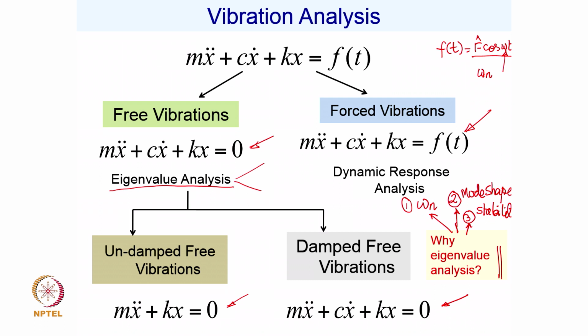Typically for rotor bearing systems, the analysis for its stability is important, and eigenvalue analysis do generate information as to whether the system is stable at different operating conditions, and therefore, stability analysis is also an important outcome of the eigenvalue analysis.